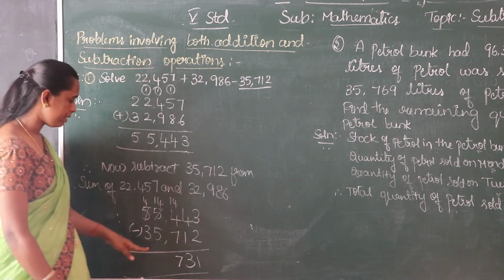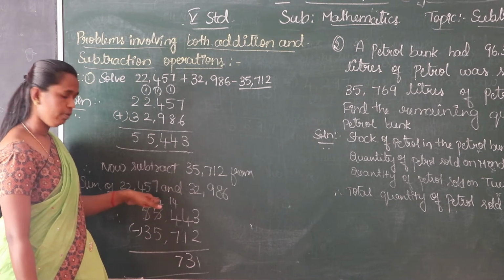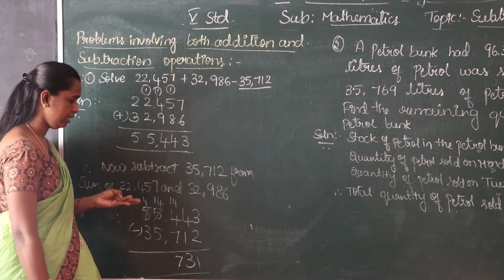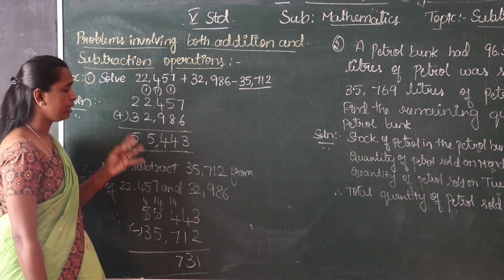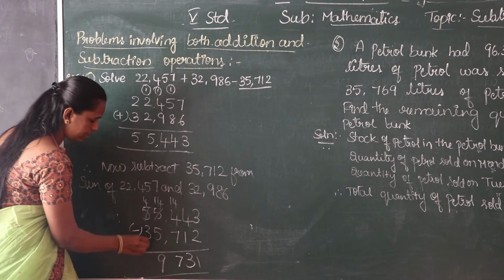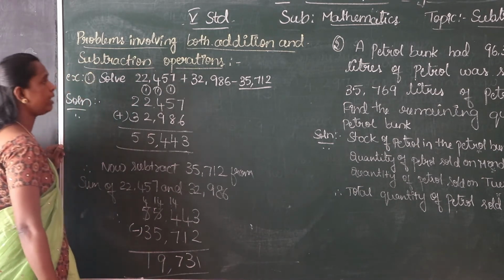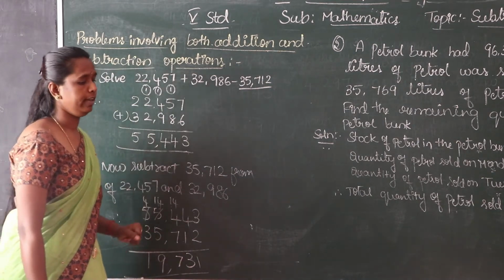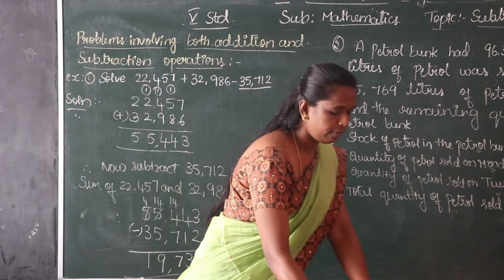An easy method is counting from 5 to 14, okay children? 6, 7, 8, 9, 10, 11, 12, 13, 14. The answer is 9. And then 4 minus 3 is 1. So the answer is 90,731.